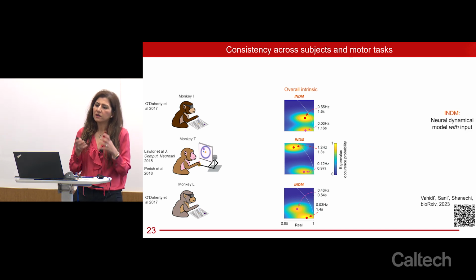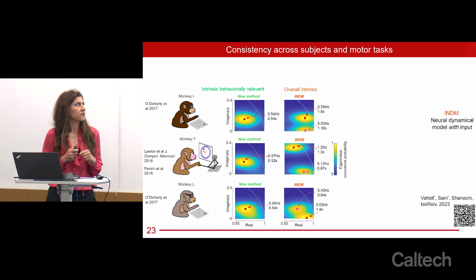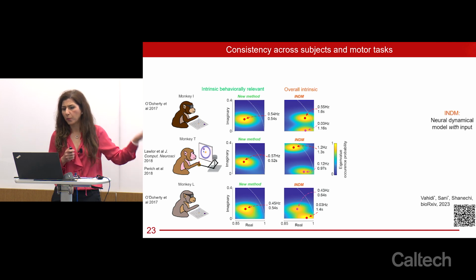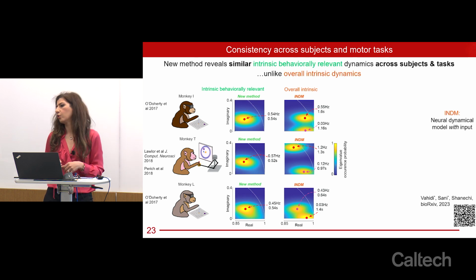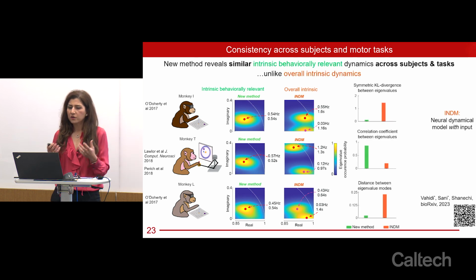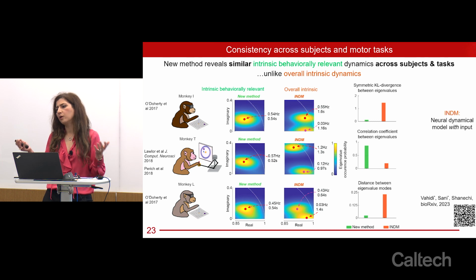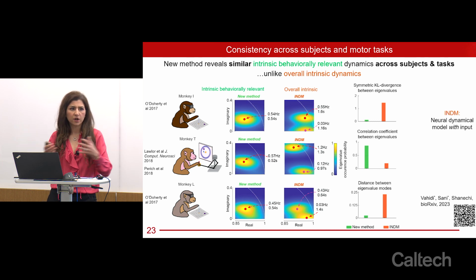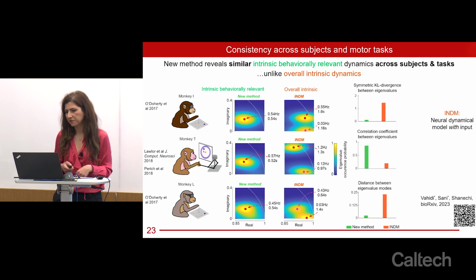But then we said, OK, let's now zoom in onto the behaviorally relevant subtype of intrinsic dynamics using our method. And you can see that the dynamics are remarkably similar across animals, across tasks, unlike the overall intrinsic dynamics. So this shows you that by taking into account not only behavior but input, we have a tool to interpret common fundamental neural computation that might underlie a generality of tasks in different animals and make interpretations that may otherwise not be possible.